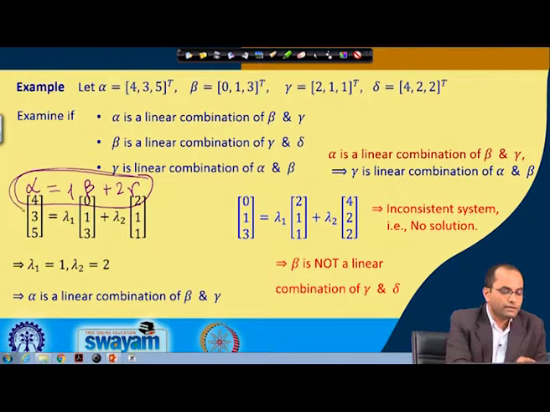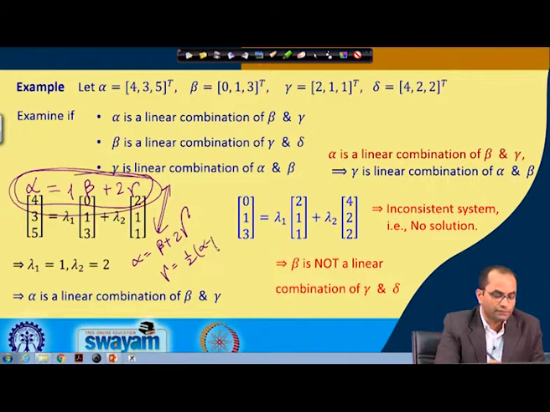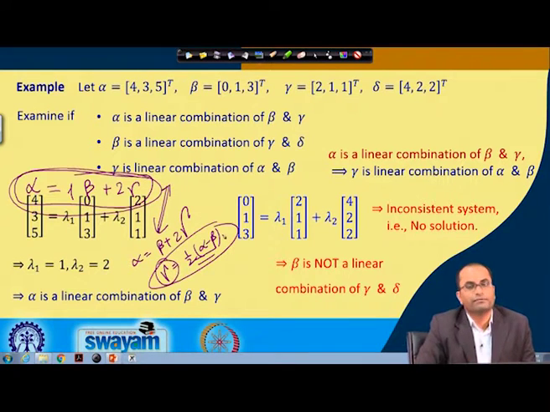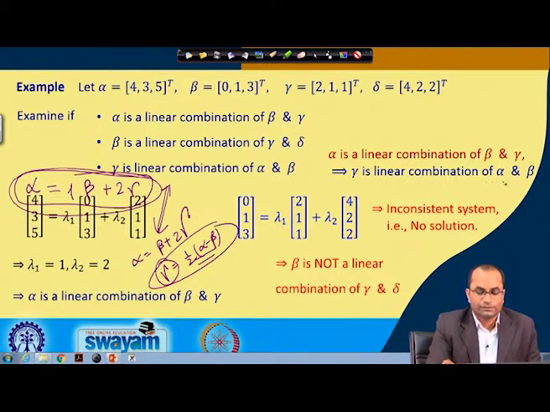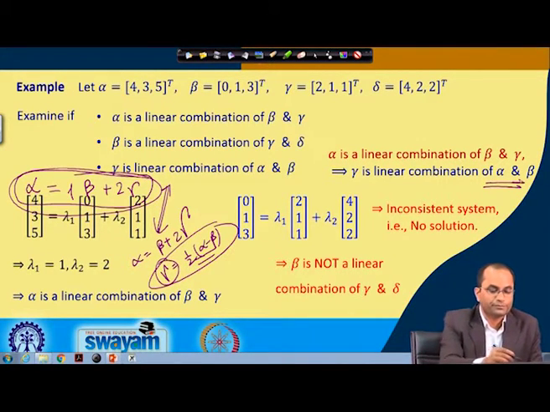Naturally it is, and we do not have to prove anything, because in the first part we have already shown that alpha is equal to beta plus 2 gamma, and then naturally gamma is equal to 1/2 of alpha minus beta. So, gamma is a linear combination of alpha and beta, which is trivial from part 1 of this problem.